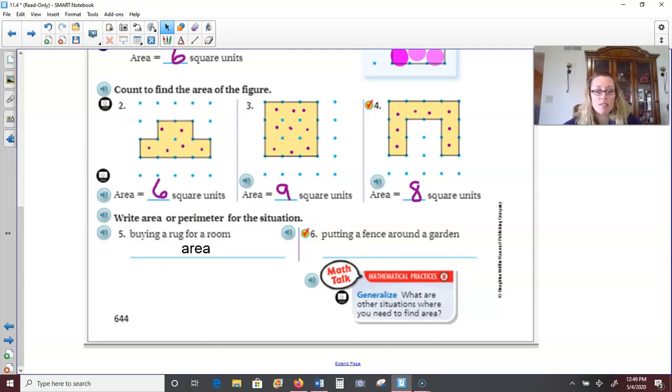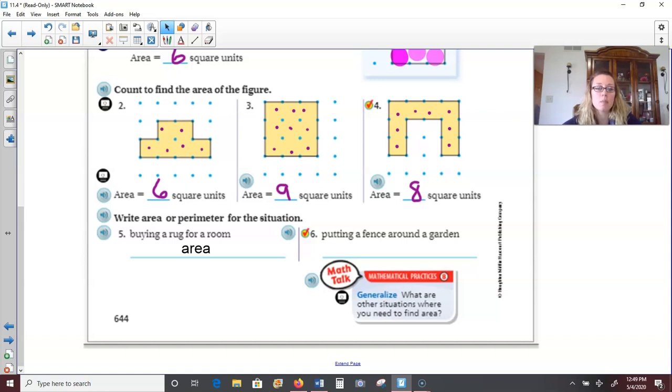Now, number 6, if we're putting a fence around a garden, and I know Lucas H. was planning a really nice garden a few weeks ago for Earth Day for his science lesson, and maybe now he needs to put a fence around it. I'm sure his crops are starting to grow, and he doesn't want any deer or bunnies coming in to munch on those crops.